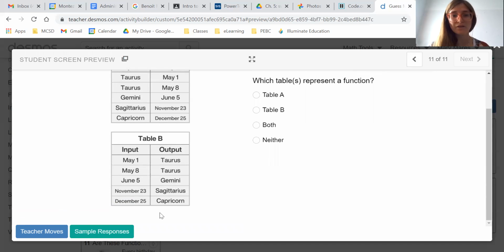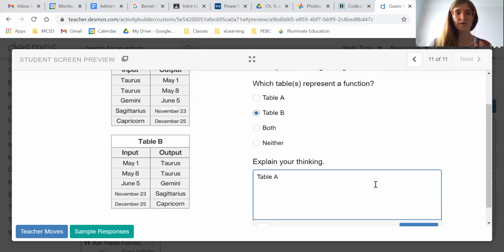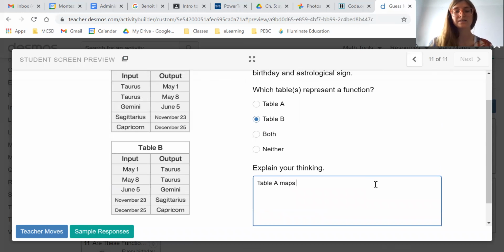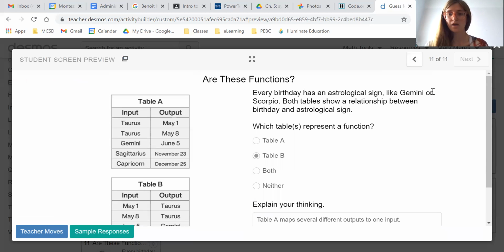Table B is a function because each day is going to have its own answer. Okay, so table B is a function. So table A maps several different outputs to one input. Table B maps specific outputs to each input. And that's that.